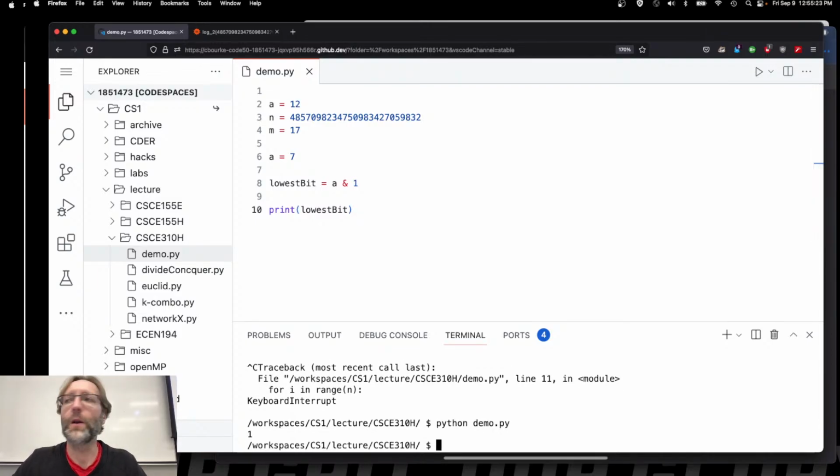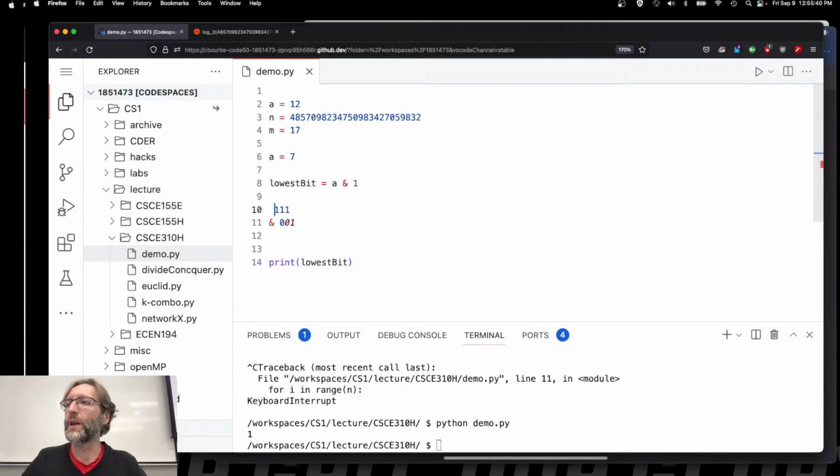Why did I only use one ampersand? That's the bitwise AND operation, right? So think about these in binary. a is 7, 1, 1, 1. What is 1 in binary? 0, 0, 1, right? And so when I AND them together, I get 0, 0, 1. The lowest order bit is 1.